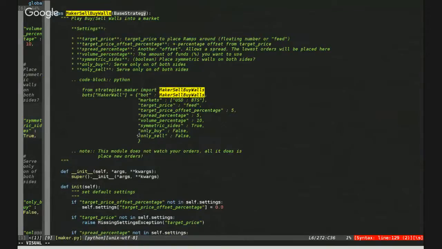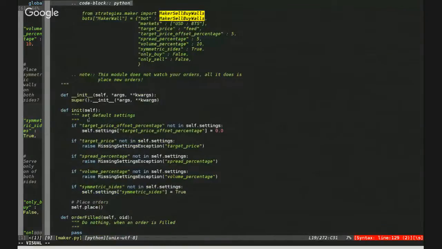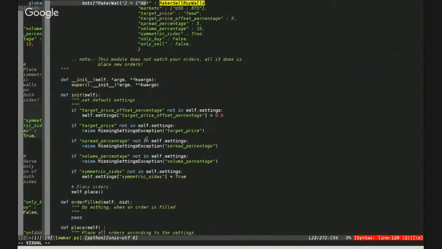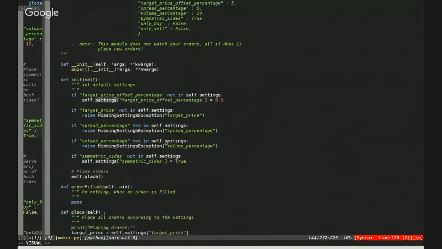But let's take a look over here at first. So we have this init thing, and it basically just takes the settings. The settings are these variables defined over here, and it checks whether they are fine and sets some default parameters and stuff like that. And then what init already does is it places orders.